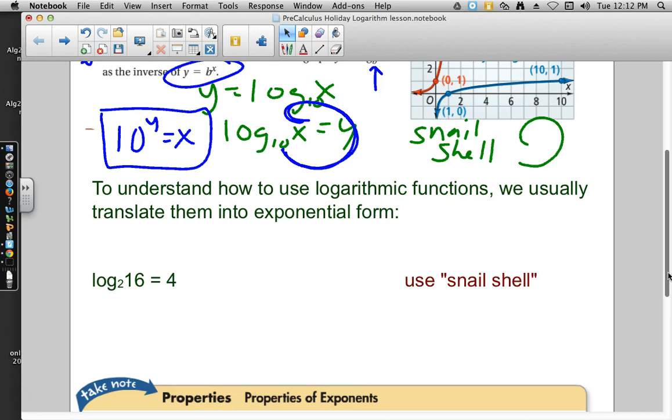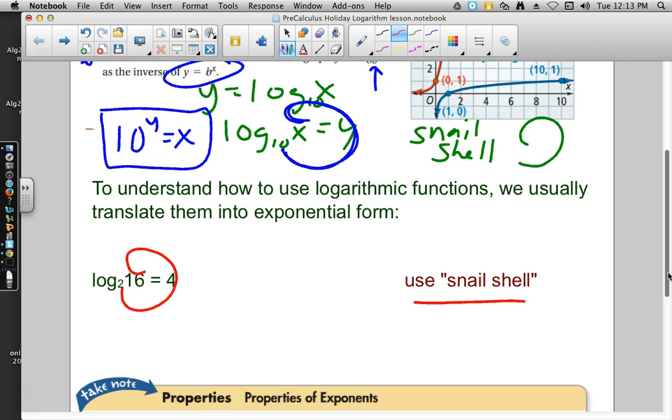And like I said before, really the easiest and best way to do that, and I think a couple of teachers in the building will call this a fish hook, whatever it is that you use to exponentiate those, that's what you want to get done. So in this case, by snail shelling, we would have 2 to the 4th equals 16. So we know that is a true logarithm statement right there, using that snail shell process.